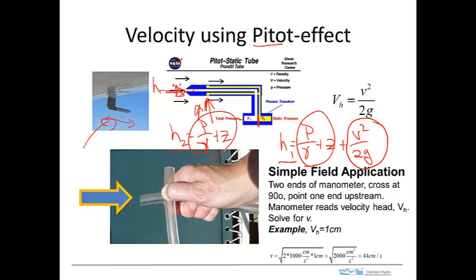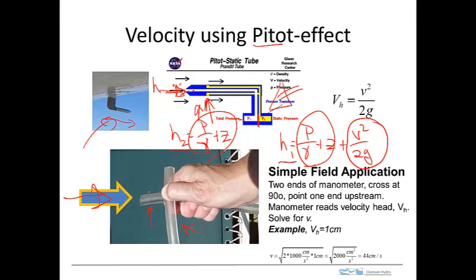Okay, so this is this pitot tube, and you can buy them, but you could also just make one if you have two pieces of tubing and you hold them in a cross like this, and the flow is going like so. And so this tube is pointed into the flow, and this is perpendicular to it.